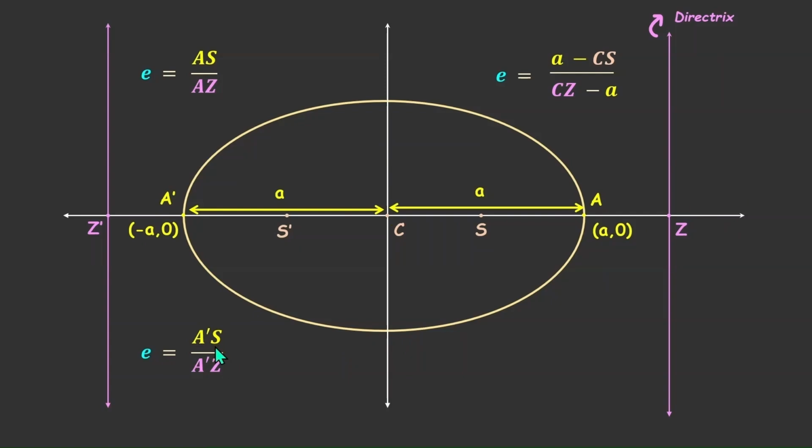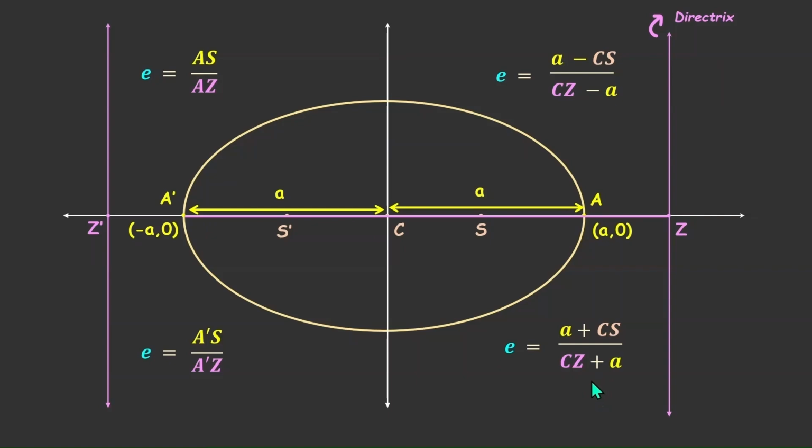Now let's calculate A dash S. See where A dash S is. It is right here. So that would be A plus CS. Divided by A dash Z, which is this entire line, so it would be CZ plus A.